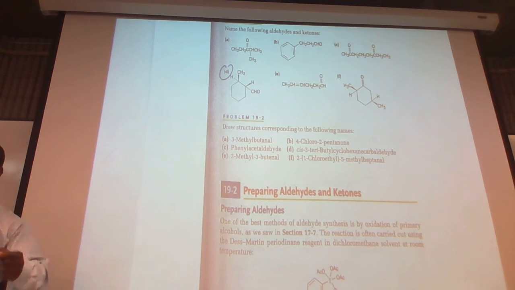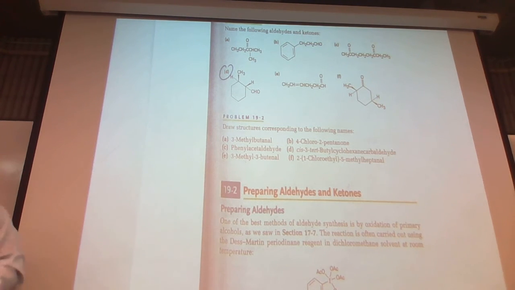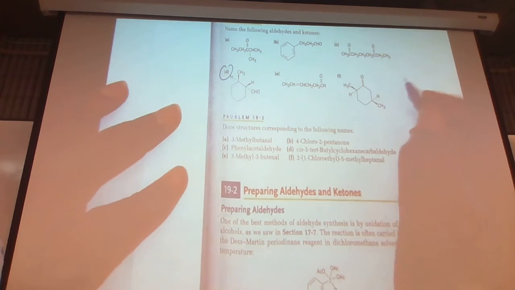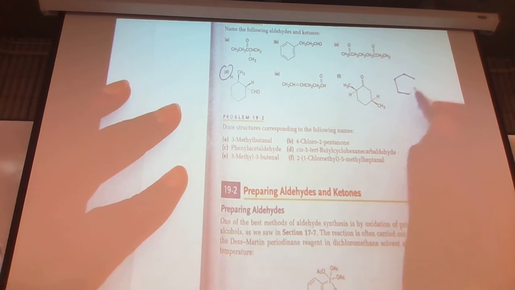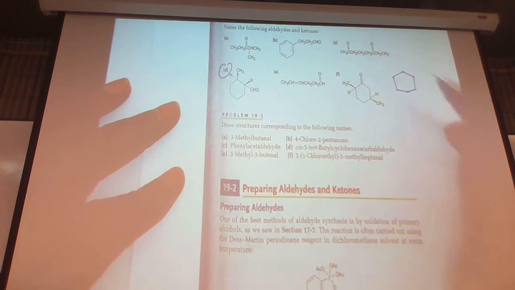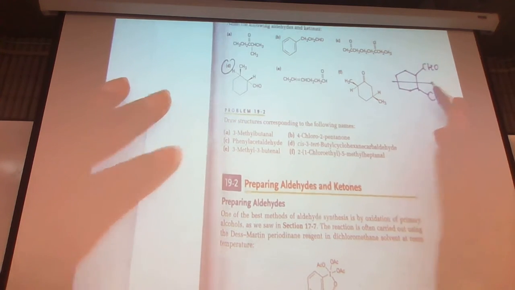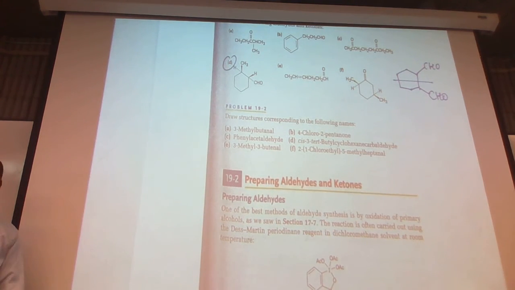Don't use cis and trans. Mark Murray did a bad job using cis and trans for things like this, because you can use the cis and trans if you have, let's say, the aldehyde like this. There's a plane of symmetry in that molecule.